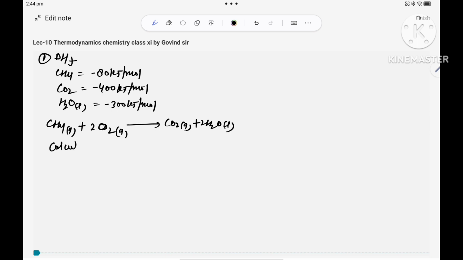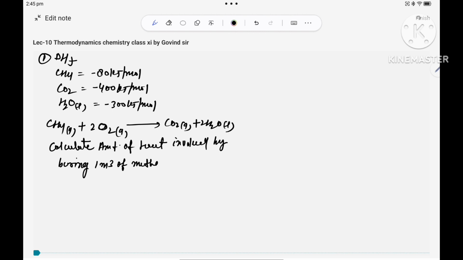Calculate the amount of heat involved by burning 1 centimeter cube, not 1 meter cube, of methane under normal condition.